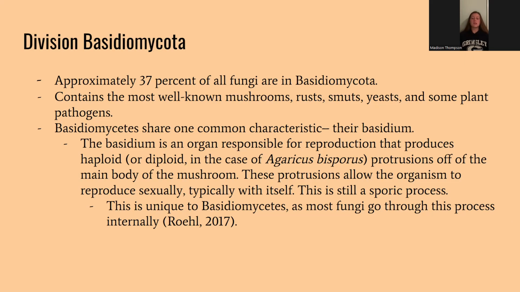So the basidium is an organ responsible for reproduction that produces haploid or diploid, in the case of the specific organism, protrusions off of the main body of the mushroom. These protrusions allow the organism to reproduce sexually, typically with itself, and it's still a sporic process, but this is unique to Basidiomycetes, as most fungi go through this process internally, meaning that instead of the spores that sort of grow on the surface of the fungi, on this fungi, the spores grow outward so that they're available to reproduce for others in the community, or on themselves, they can travel from one location to another.